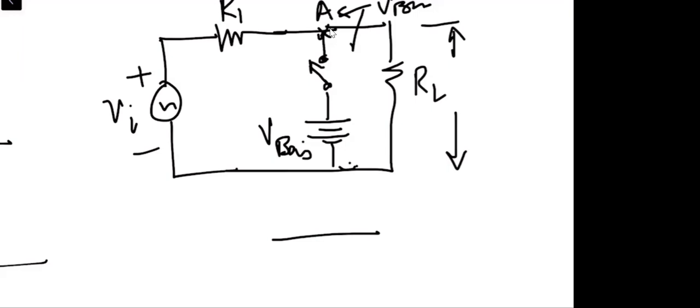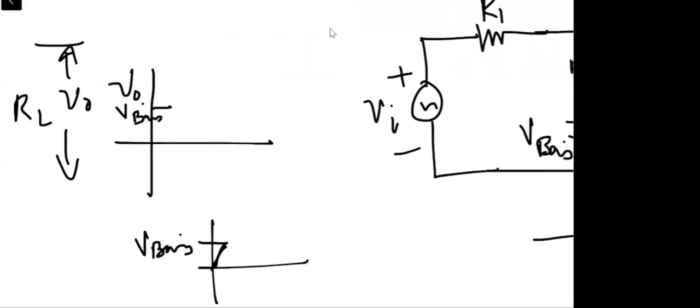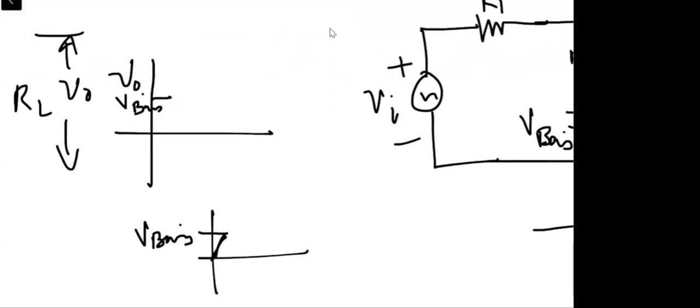And once we have a transition from the on state to the off state, at that very instant, when the input rises above and goes towards its peak value, the output will follow along the input.